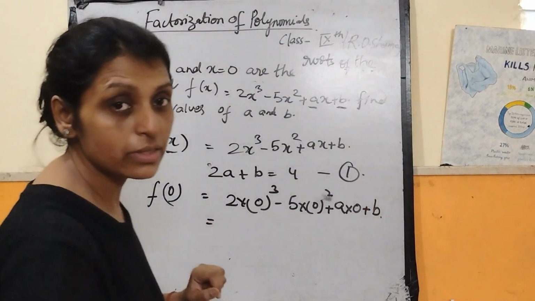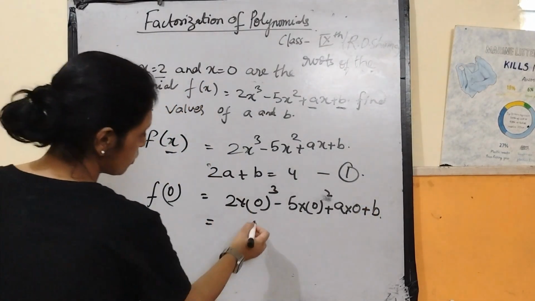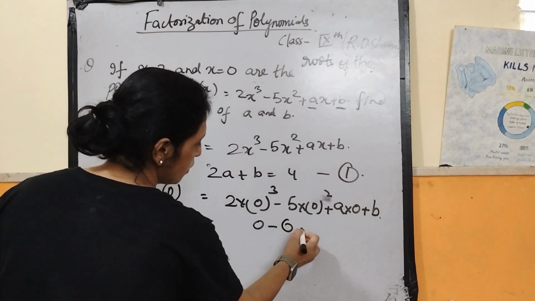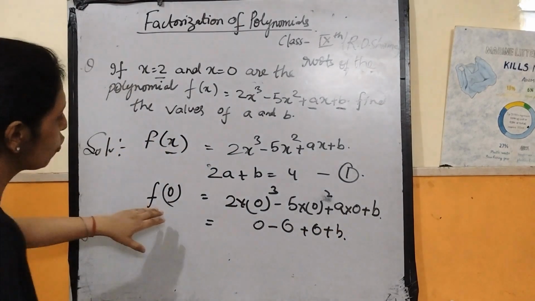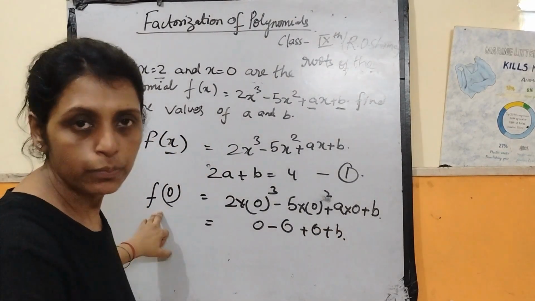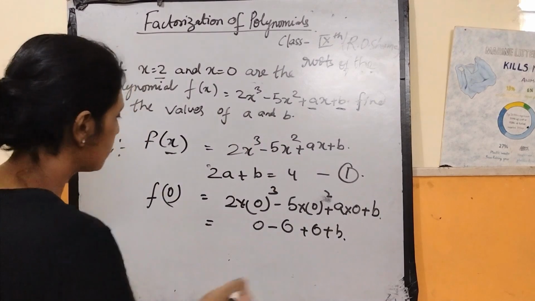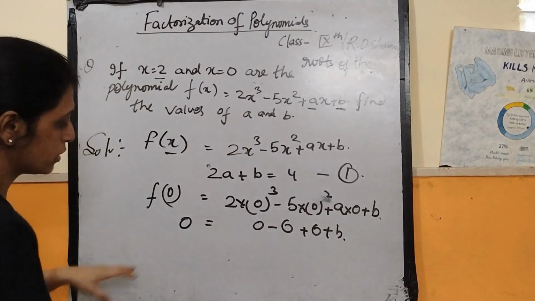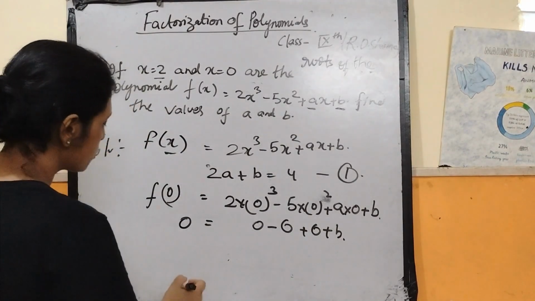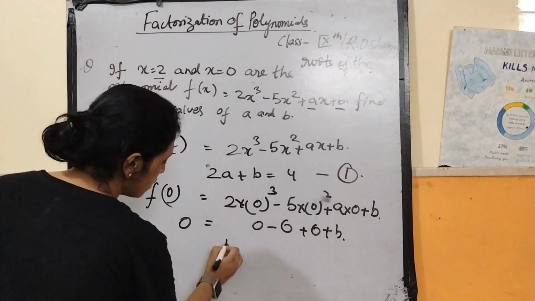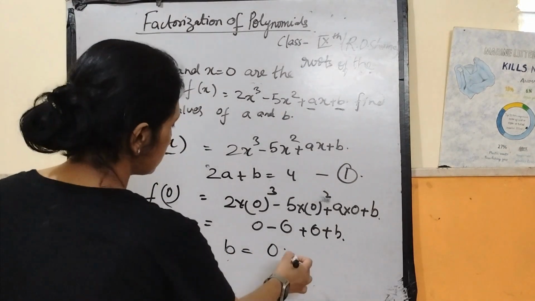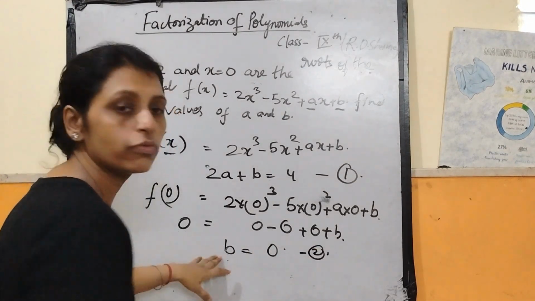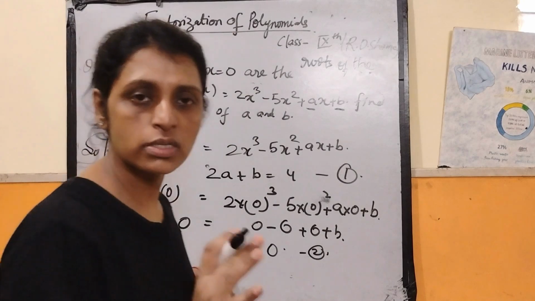Anything multiplied with 0 is 0. So 0 minus 0 will also be 0 plus b. And we know that when we put the root into the polynomial it turns to be 0. Okay? So here we got b is equal to 0. And this is equation number 2. So we got the value of this constant b as 0.